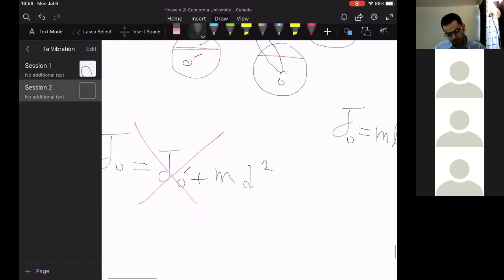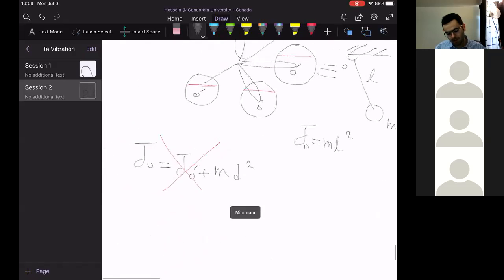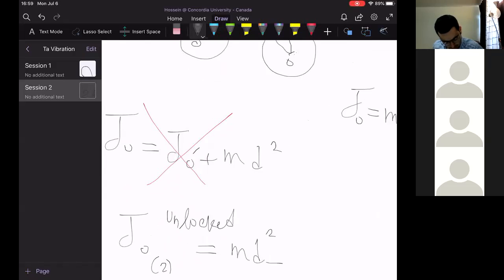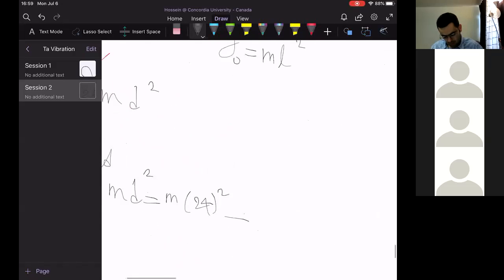So like a pendulum, you have to just write m d squared, m l squared. If you have any question, you can ask. This is how we calculate J0 for an unlocked case as m d squared, m 24 squared, which equals 576 mass pound inch squared.